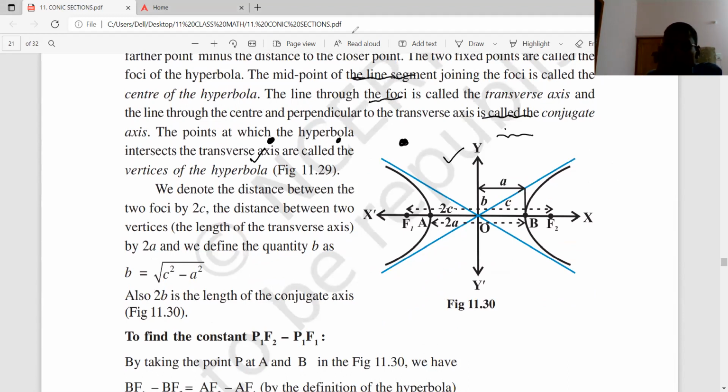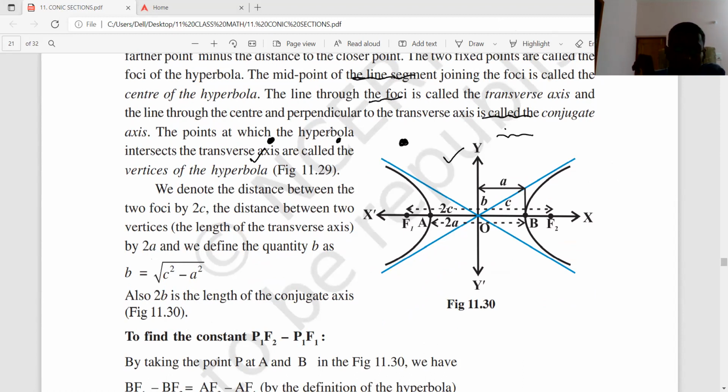Here also we'll discuss the distance between the foci.